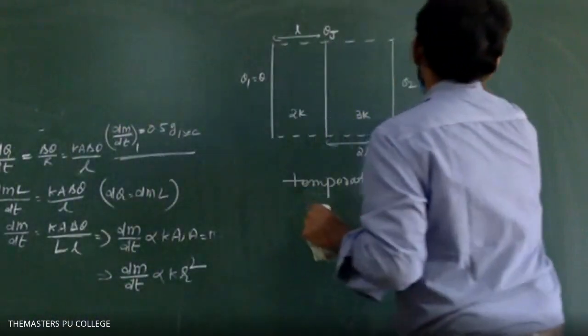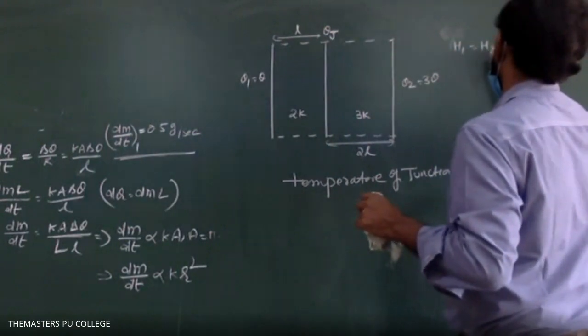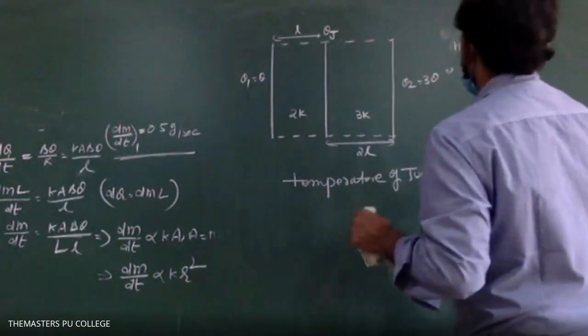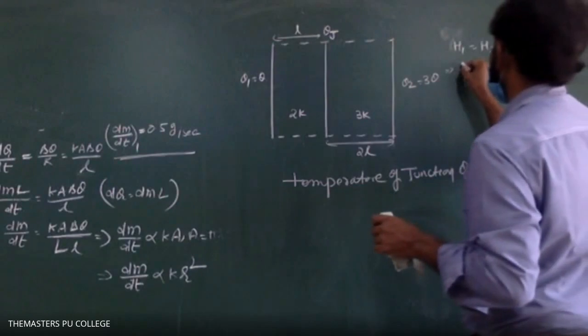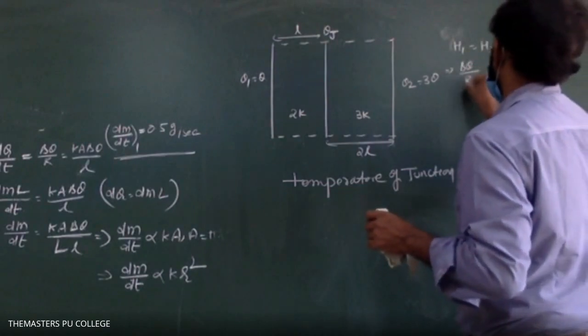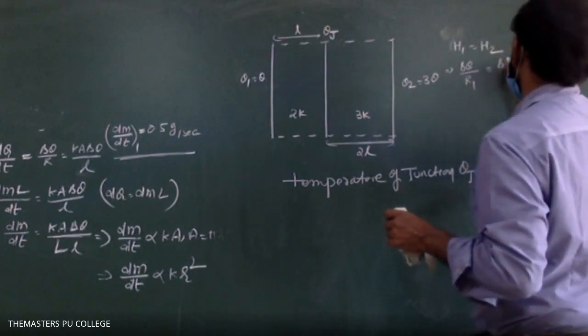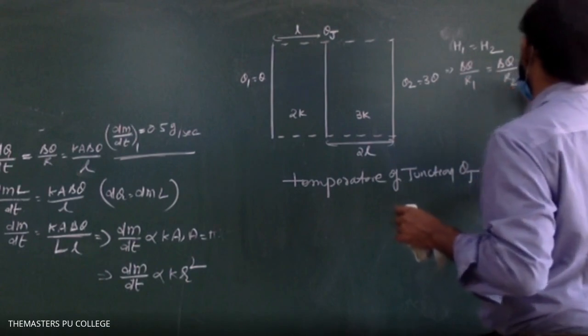That's why I can write H1 is equal to H2. H equals delta theta divided by R1, that equals delta theta divided by R2.